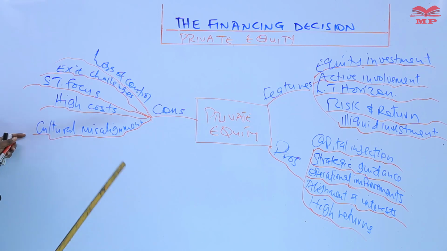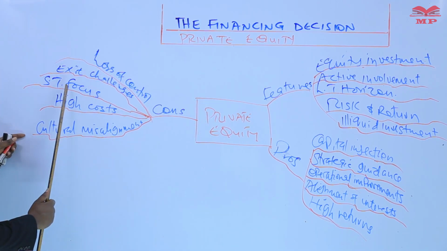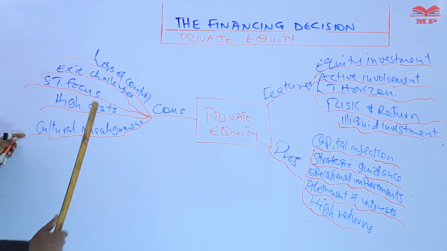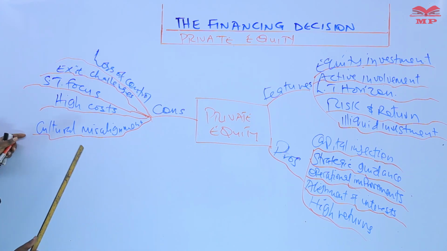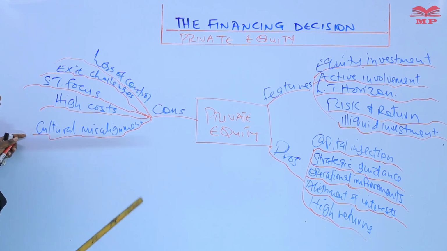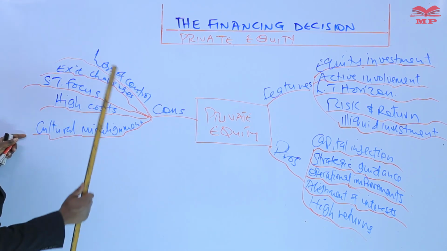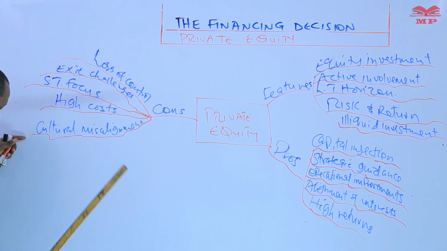Number 2, there are also exit challenges. There is a problem with the short-term focus. There are high costs associated with private equity. And lastly, cultural misalignment. So these are 5 disadvantages, 5 benefits, and 5 features.